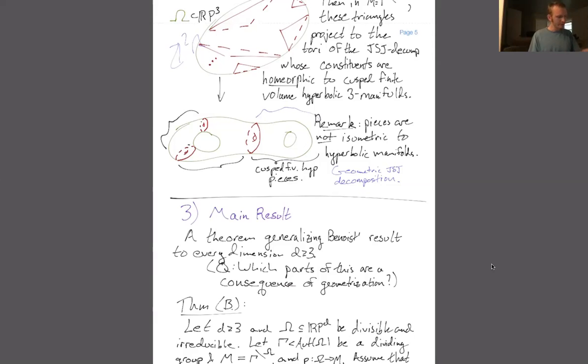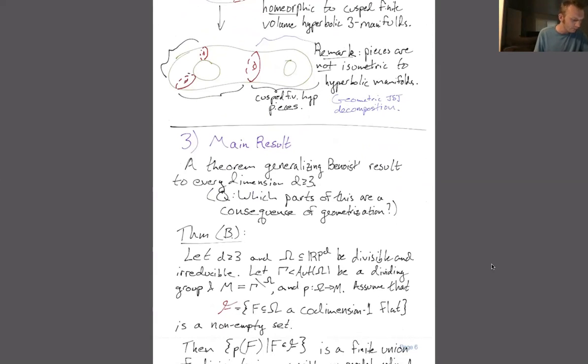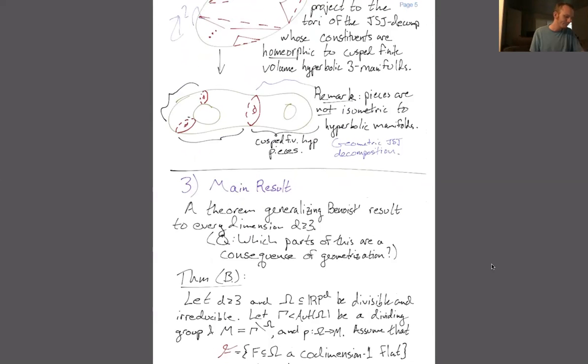So this result explicitly uses a lot of 3-manifold stuff, which is available because you're in dimension 3, but it raises a question, which is the goal of the talk: to try and generalize this result. It's not obvious what you generalize. In dimension greater than 3, there are flats of all codimensions.